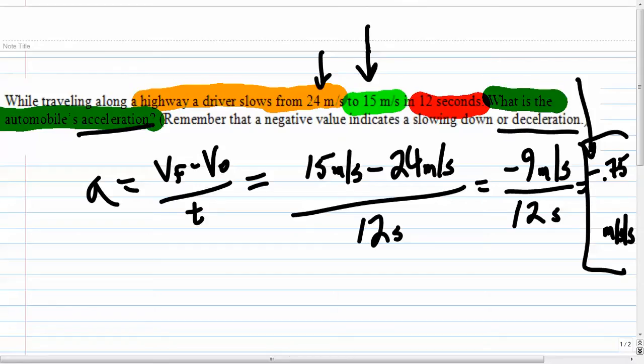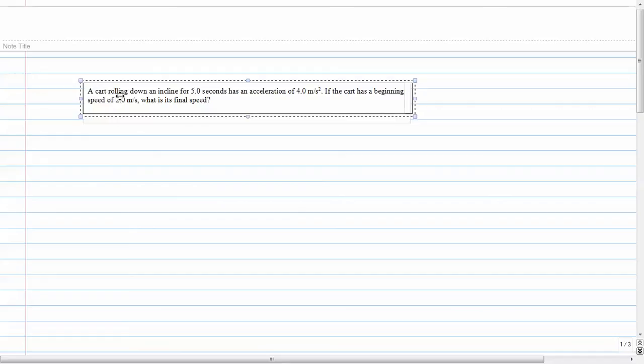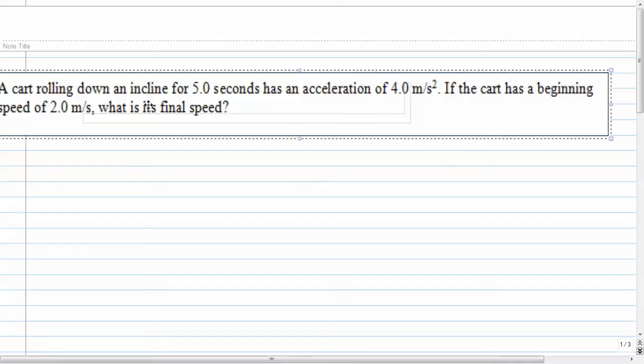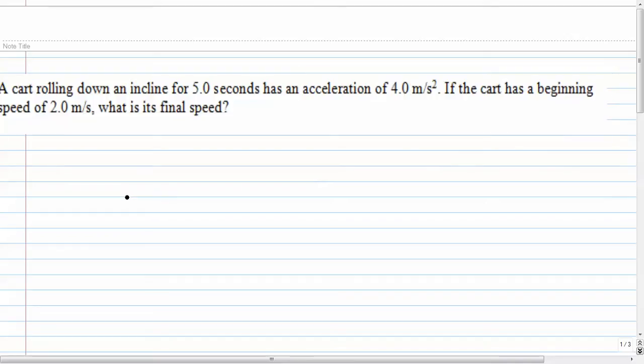Okay, so a third problem. Here we go. Let's stick this one on here. Okay, so let's see here. A cart rolling down an incline for 5 seconds. So as we decode this, 5 seconds, that's a time.